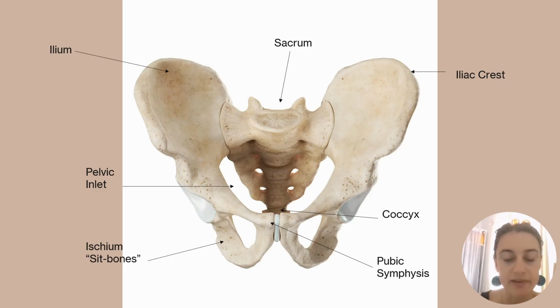And that's useful to know because everything below the pelvic inlet is reproductive organs, and everything above, known as the greater pelvis, is more like our digestive system. So you've got parts of the large intestine and the sigmoid colon resting in the pelvis as well. So that's good to know.